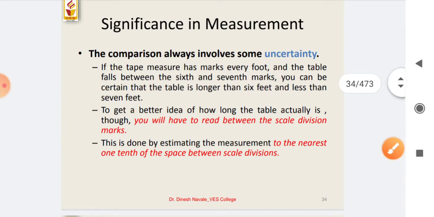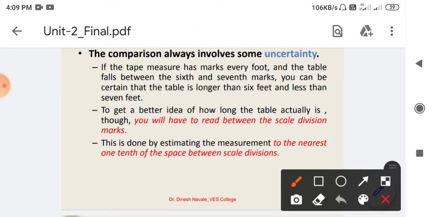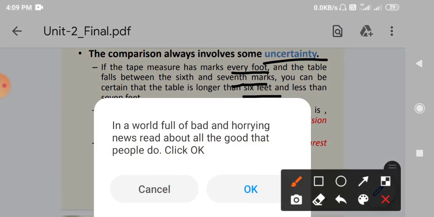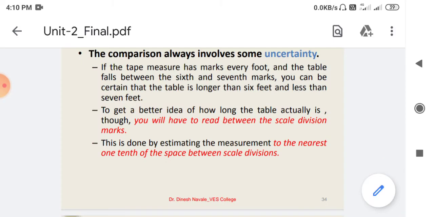This comparison allows for some uncertainty. Why is that? Because the tape we use for measurement has marks for every foot, and the table falls between the 6th and 7th mark. There is quite some uncertainty, as the length is either close to 6 or close to 7, and it depends on how the observer reads it.